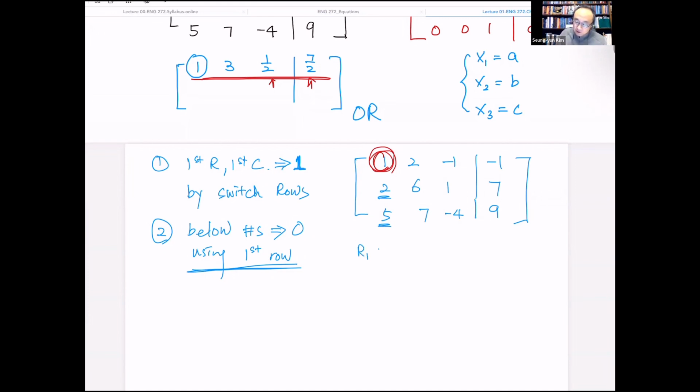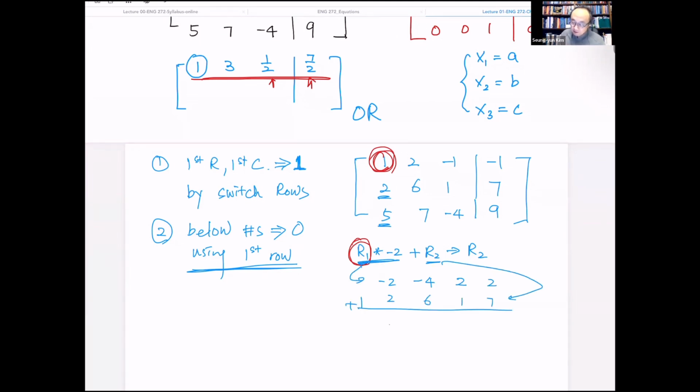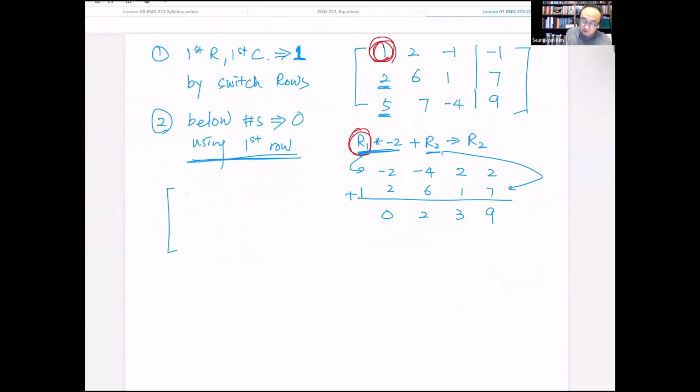So R1 times -2 plus R2, put it back to R2. We have to use the first row always. If we do -2, -4, +2, +2, and then R2, 2, 6, 1, 7, and then add, 0, 2, 3, 9.